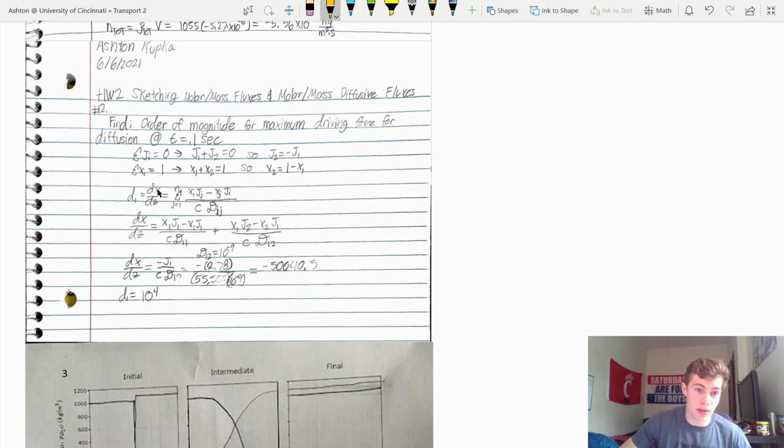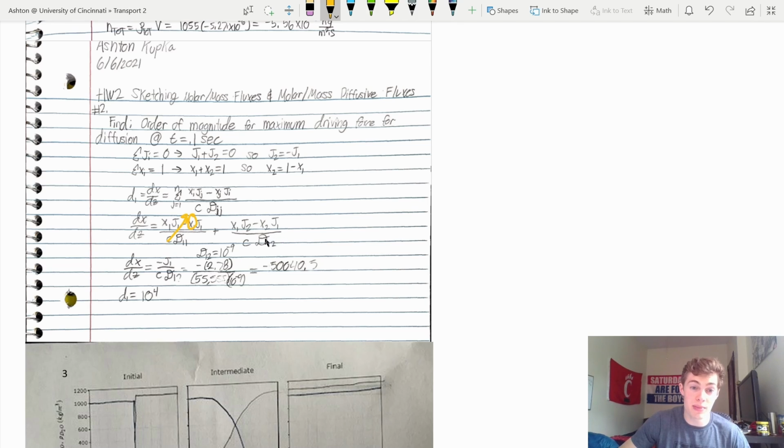Subbing that out through our summation, we get that the molar concentration of component 1 multiplied by the molar diffusion flux of 1 minus the molar concentration of component 1 times the molar diffusion flux, which is just going to equal 0, so we know this goes to 0, plus our molar concentration of component 1 times our molar diffusion flux of component 2 minus our molar concentration of component 2 multiplied by our molar diffusion flux of component 1, all over our total concentration and our Stefan-Maxwell constant for 1 to 2.